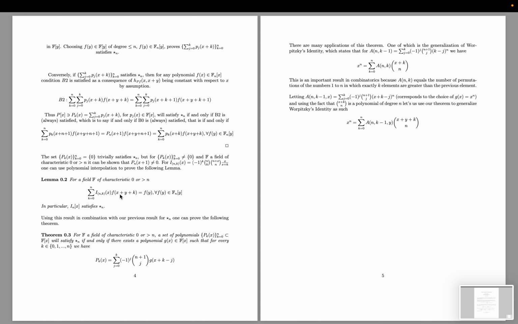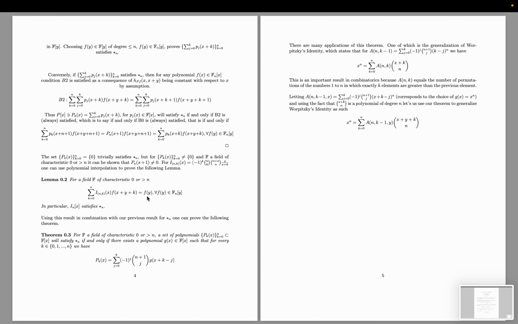Polynomial interpolation is the idea of n plus 1 points uniquely determining an n-degree polynomial. To prove this, it suffices to show that the limit as x approaches minus k, for k equal to 0 up to n, this equality holds.